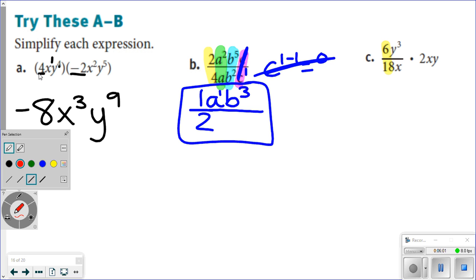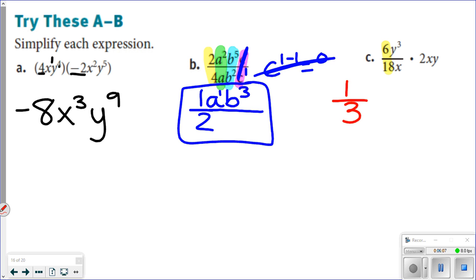So let's see, what's 6 divided by 18? It's 1/3. And then I can't do anything with this y cubed or this x because they are different bases, so let's leave them. And we're multiplying by 2xy, and I can put a 1 in the denominator if that helps me.